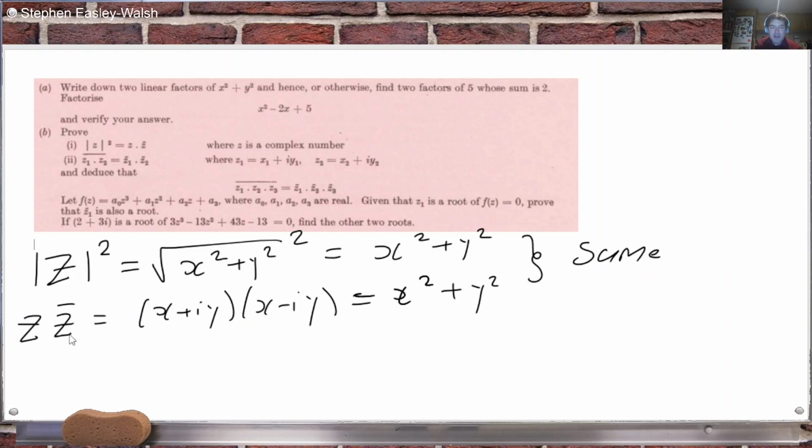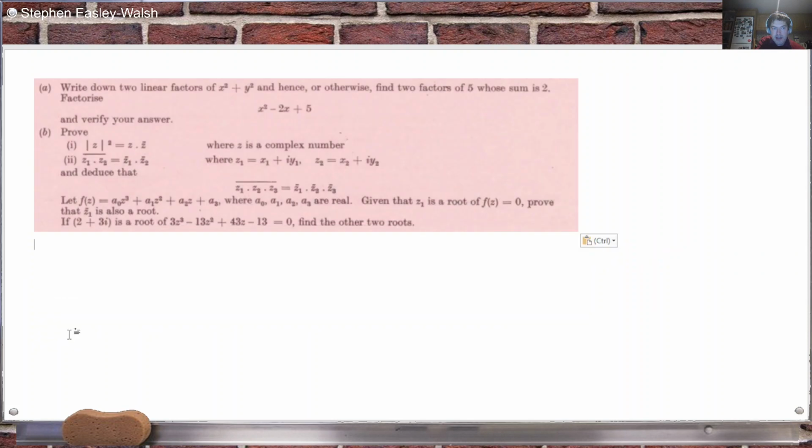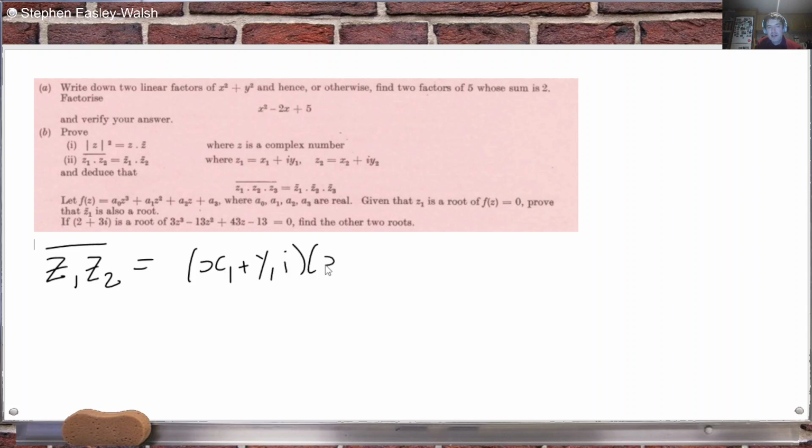Okay, and then we can do something similar for the next part. So z1 z2 conjugate is x1 plus y1i times x2 plus y2i, conjugate.